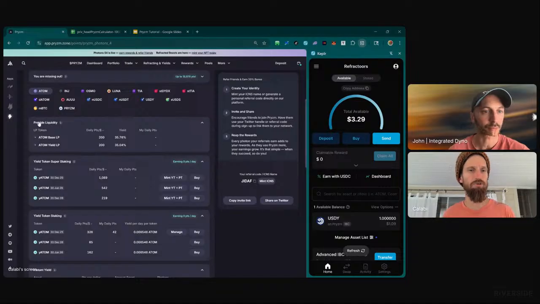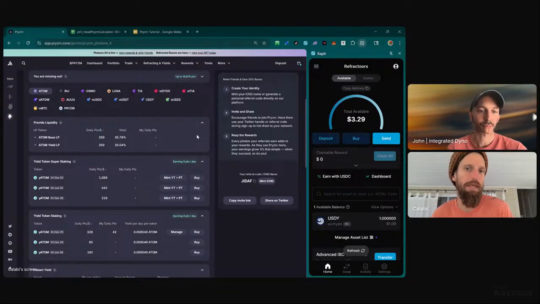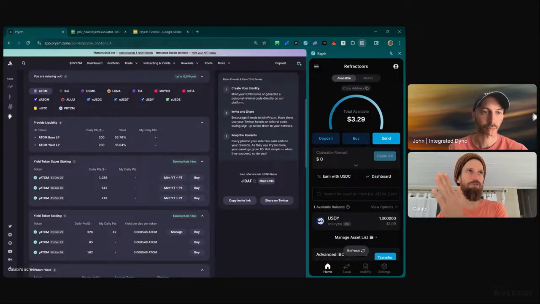I don't want to go into too many of the details there because we could really get down into the weeds. But the idea is, if I don't want my P atom just passively sitting around, it's earning yield, but it's not claimable yield, right? Because you don't get anything until you redeem. So you can put it to work in liquidity if you felt like that with your risk tolerance.